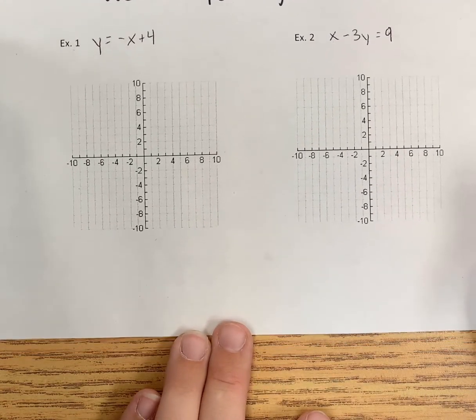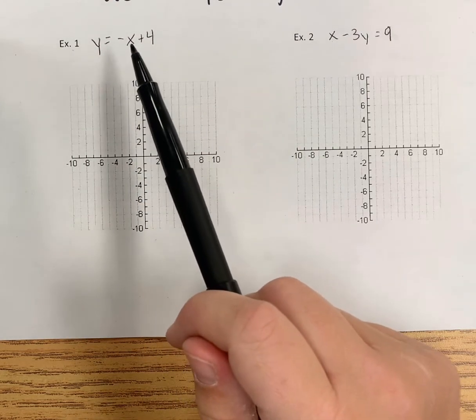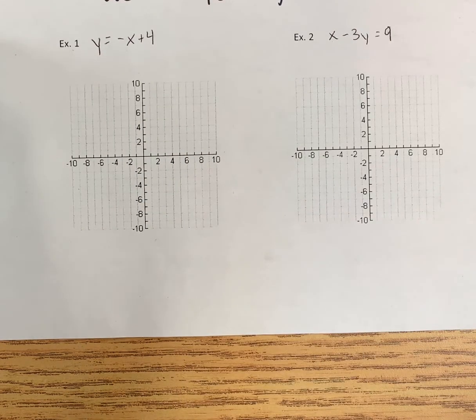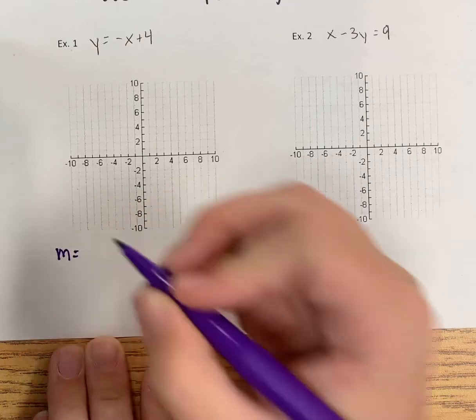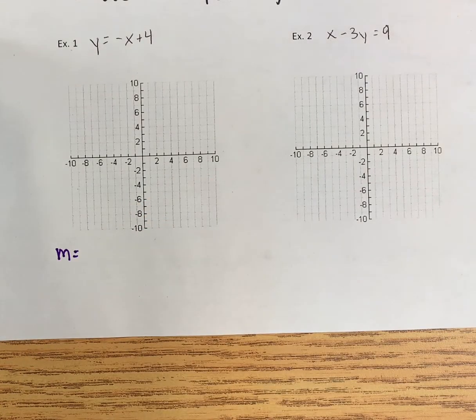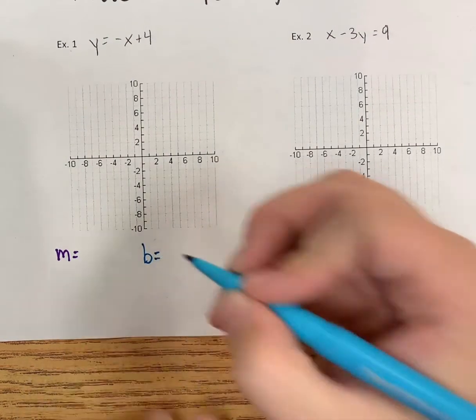So example 1 here says y equals negative x plus 4. So the first step is solve for y. Well, very nicely here, we already have y solved for. The next step is you want to find your slope, your m value, and your y-intercept, which is your b value.